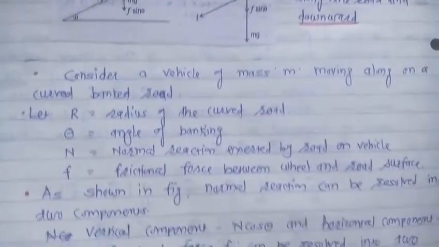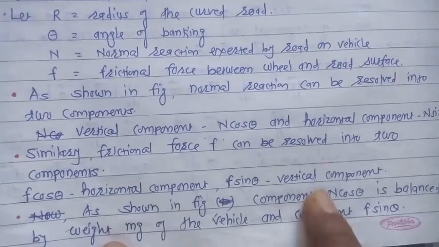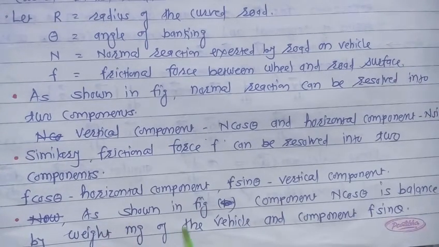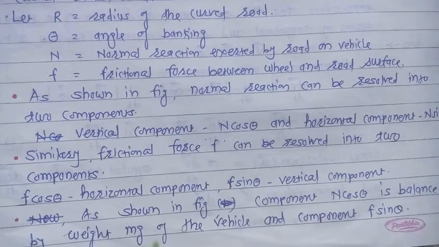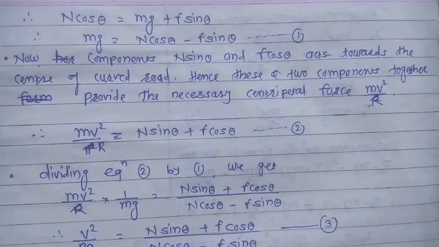As shown in the figure, the component N cos theta balances the weight mg of the vehicle and the vertically downward component F sin theta, and therefore we can write the equation as N cos theta equal to mg plus F sin theta. Therefore we can write mg equal to N cos theta minus F sin theta, called as equation number 1.